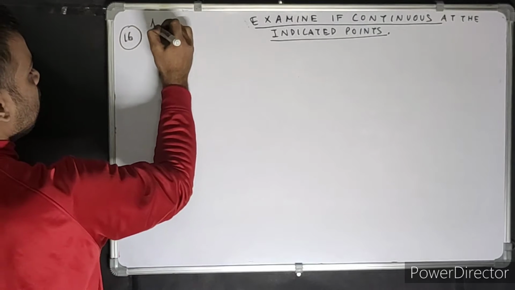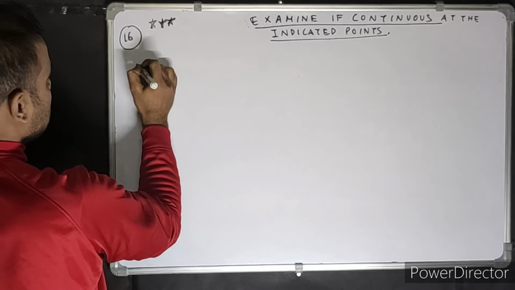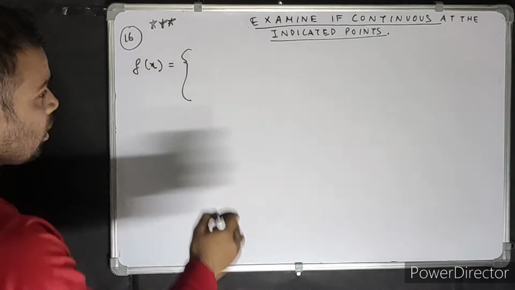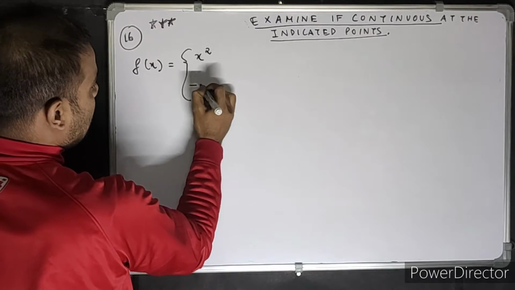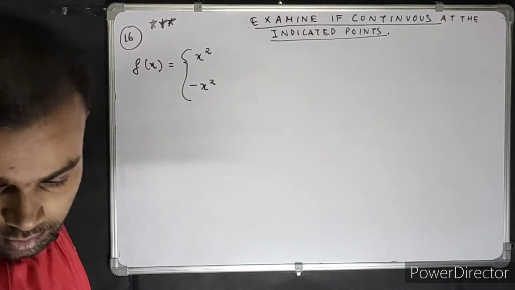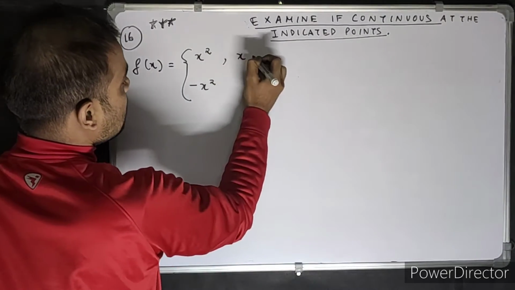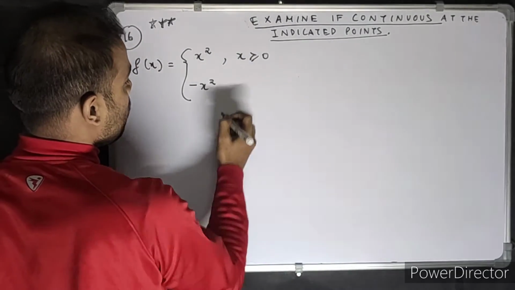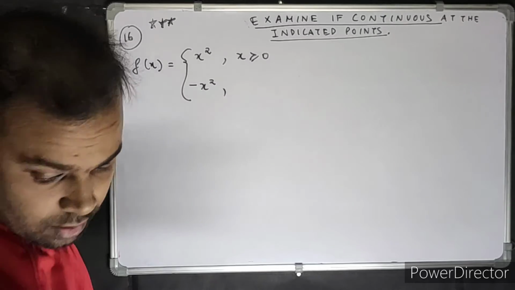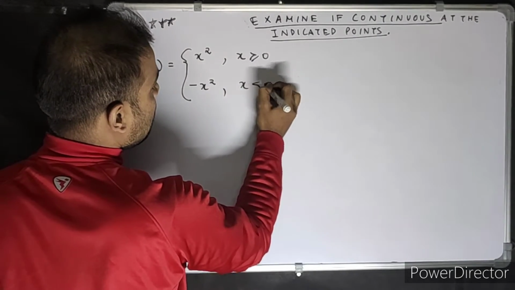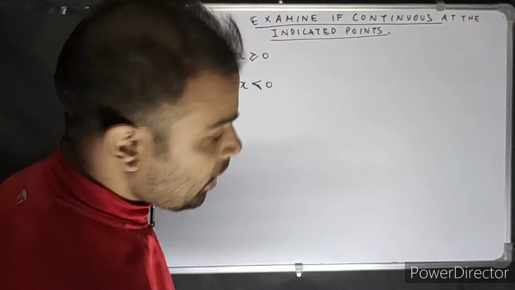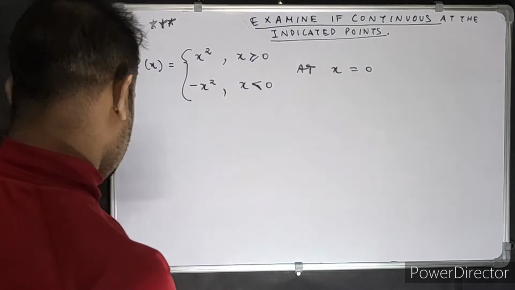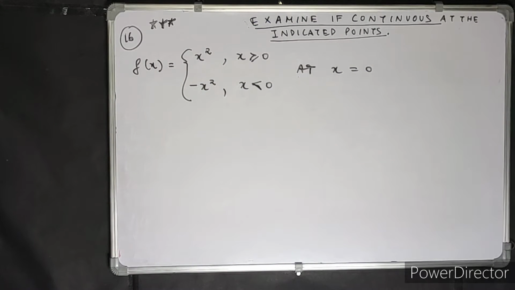The function is given, mark important, 3 stars. f of x is equal to x square when x is greater than or equal to 0, and minus x square when x is less than 0. And you have to check at x equal to 0. You have to check whether the function is continuous at x equal to 0.